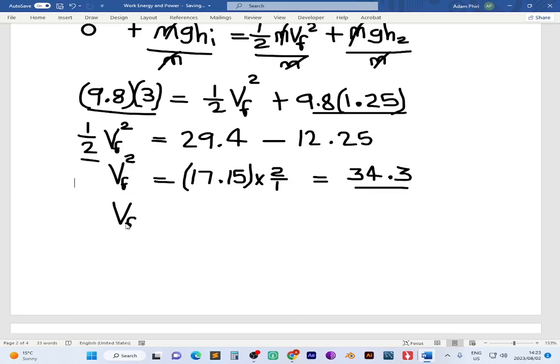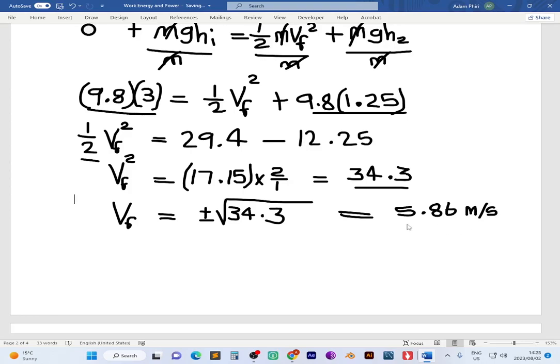Then V will be plus or minus the square root of 34.3, which gives us an answer of 5.86 meters per second. So that's our final answer.